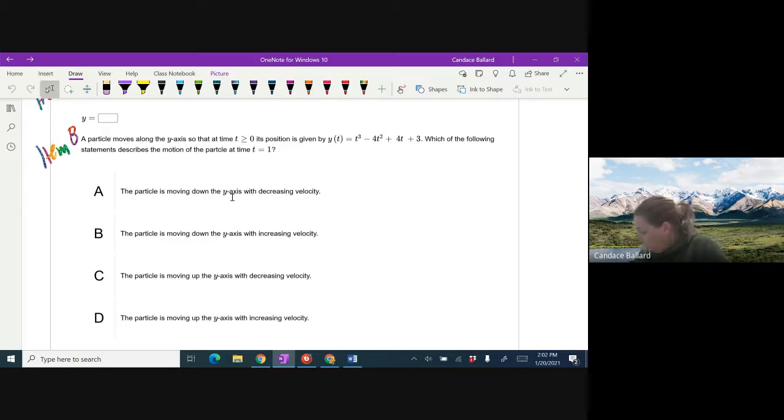The velocity is going to be the derivative of y. So can you guys tell me the derivative of y in the chat? What are we getting for the derivative of y?